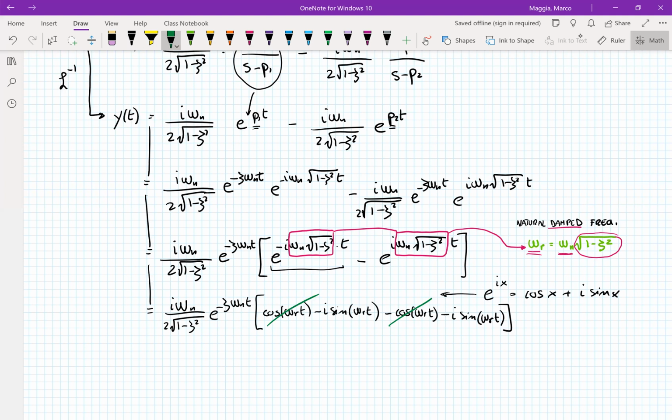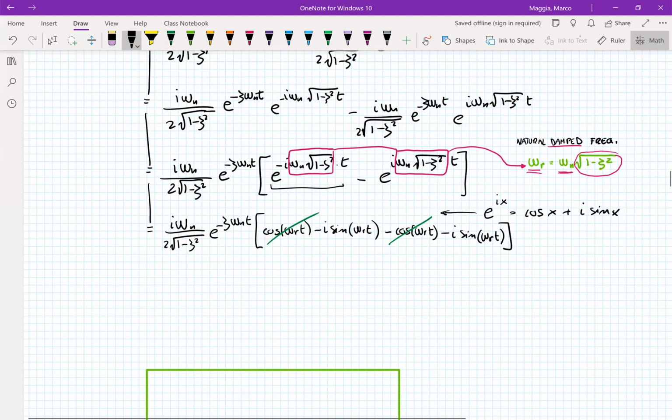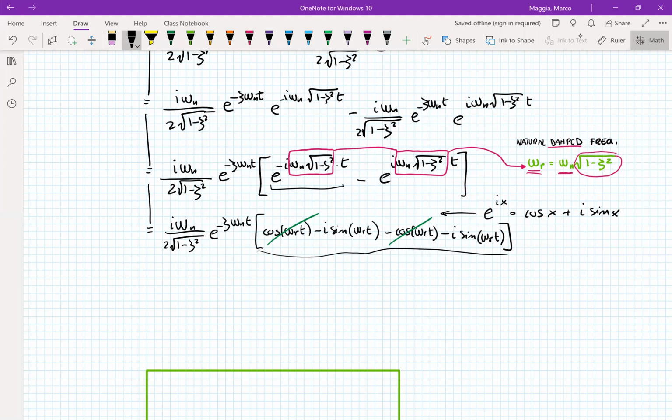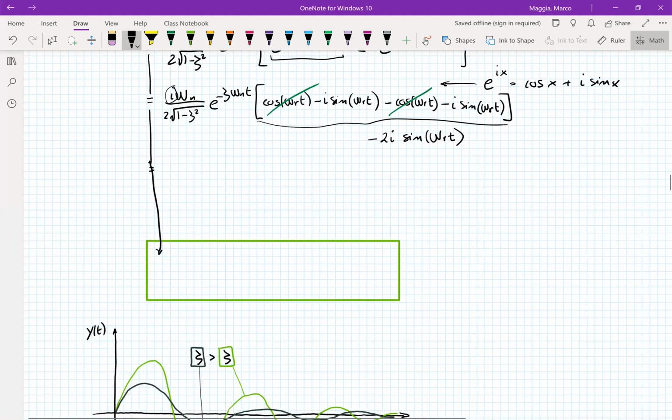Cosine goes away with minus cosine, so we're left with minus 2I sine of omega rt. Now, if we multiply I with minus I, we're left with plus 1.